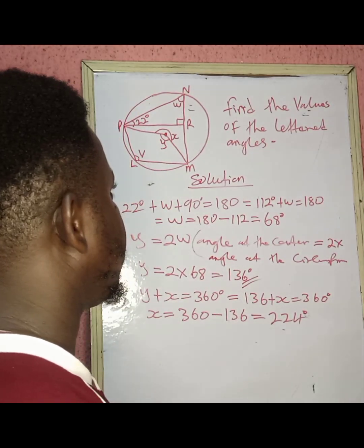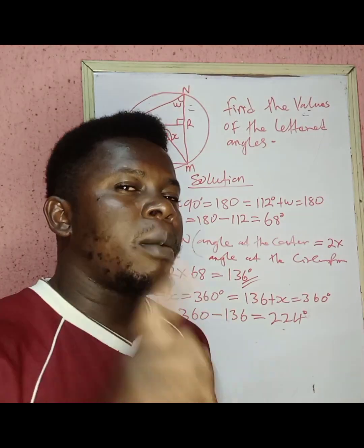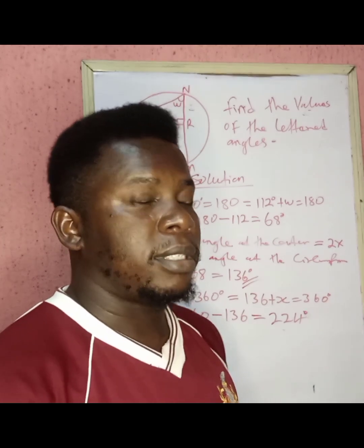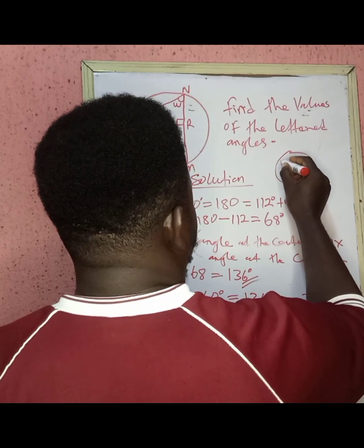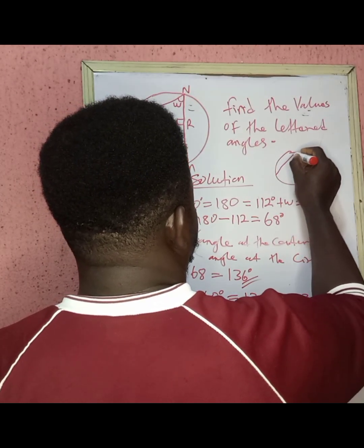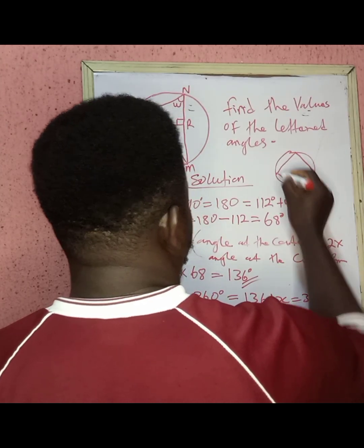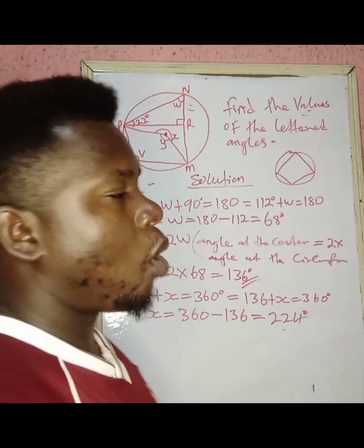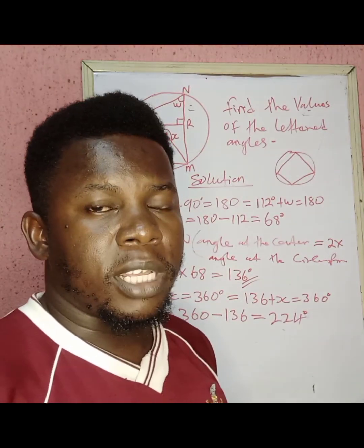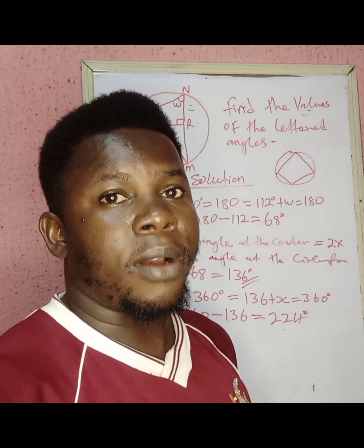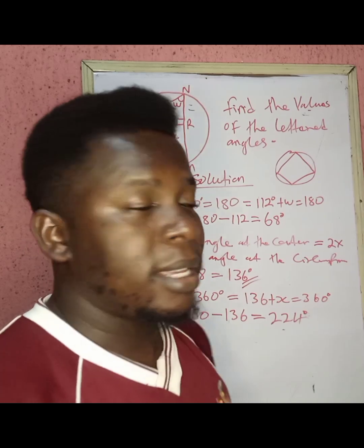Remember, which rule am I going to use now? Remember cyclic quadrilateral. Yes, cyclic quadrilateral. When you have something like this, when the angles inside are touching the four sides of the circle, it is called a cyclic quadrilateral. And what does cyclic quadrilateral say?